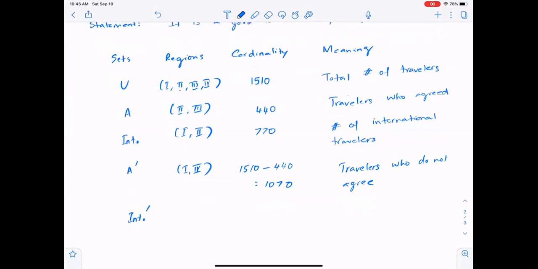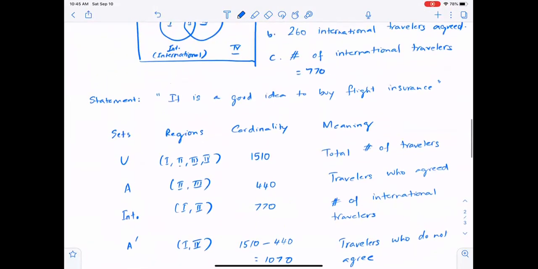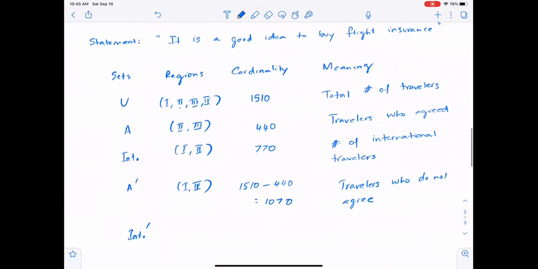Okay, so we want to find the complement of the set int, international travelers. So every region that is in int shouldn't be in int complement. So 1 and 2 are in int. That would imply 3 and 4 have to be in its complement.